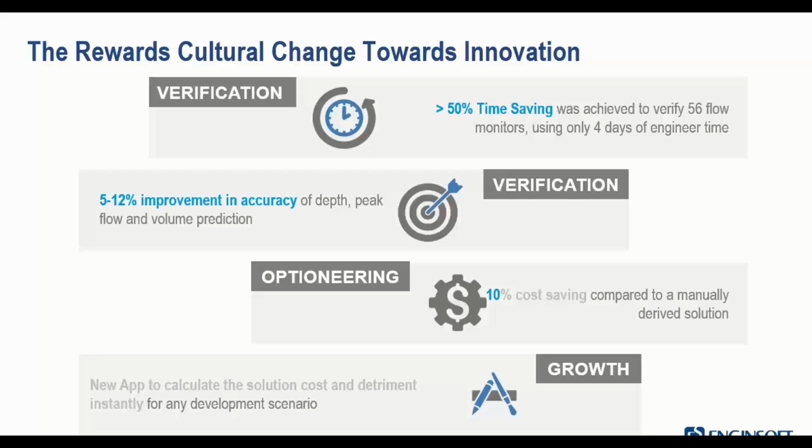But we feel it's much more significant than that in terms of verification, and improves accuracy by between 5 and 12%. So not only are you saving time, you can get better quality output, a more consistent output.